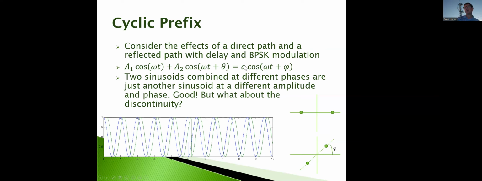I'm just using different coefficients and variables here, but it's the form that's important: if you take these two cosines and add them together, you get another cosine with a slightly different amplitude and a slightly different phase.